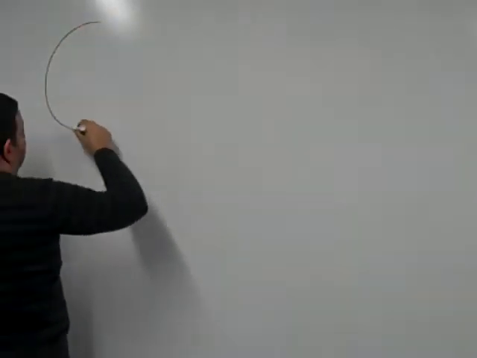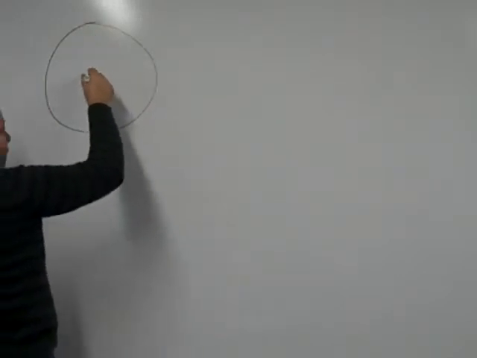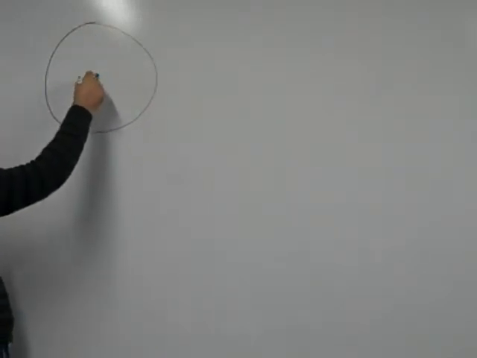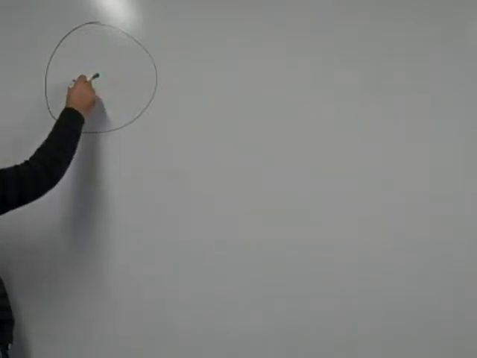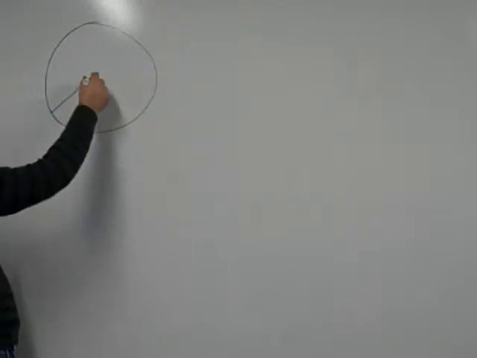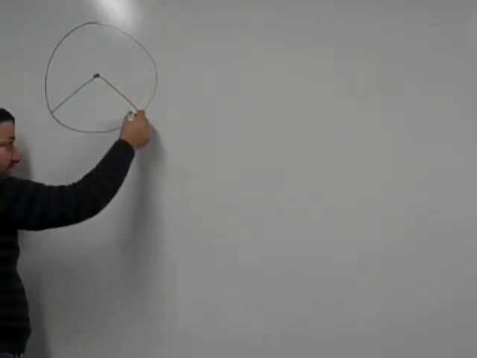I'm going to talk about central angles, inscribed angles, and their arcs. If this is the center, if you draw two rays from the center, go from the center to one point of the circle, from the center to another point on the circle.